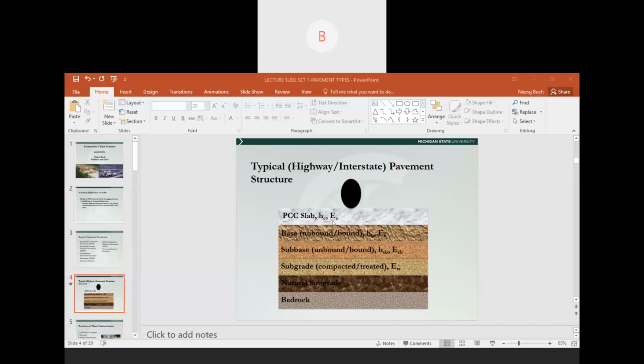So all these three stresses exist in a concrete pavement at some magnitude, at some stress level. So when you're designing a concrete pavement, you have to design it in such a way that it counters all these three stress types: the load stress, the environmental stress, as well as this interface frictional stress.